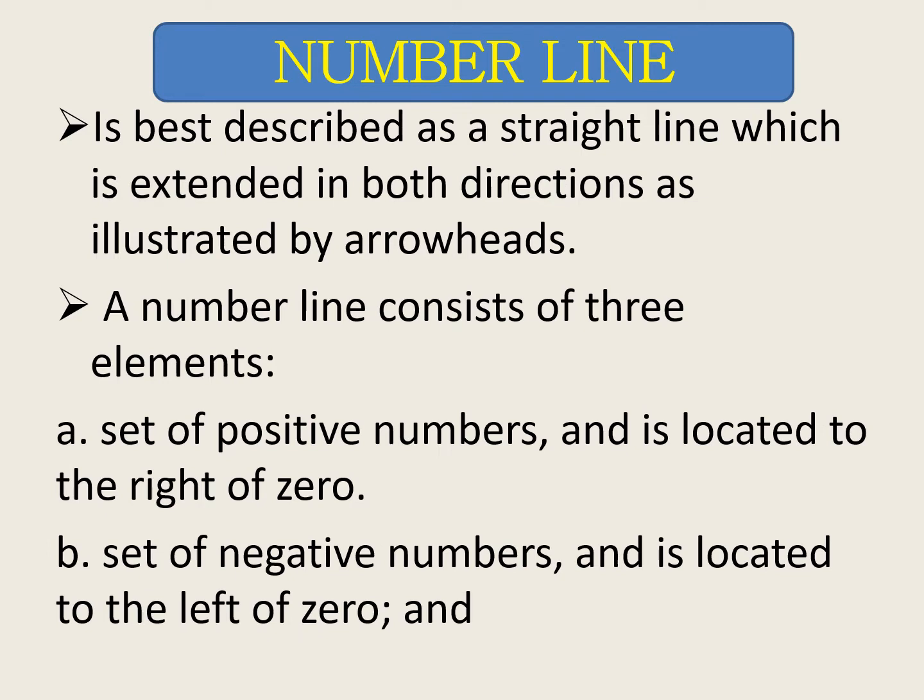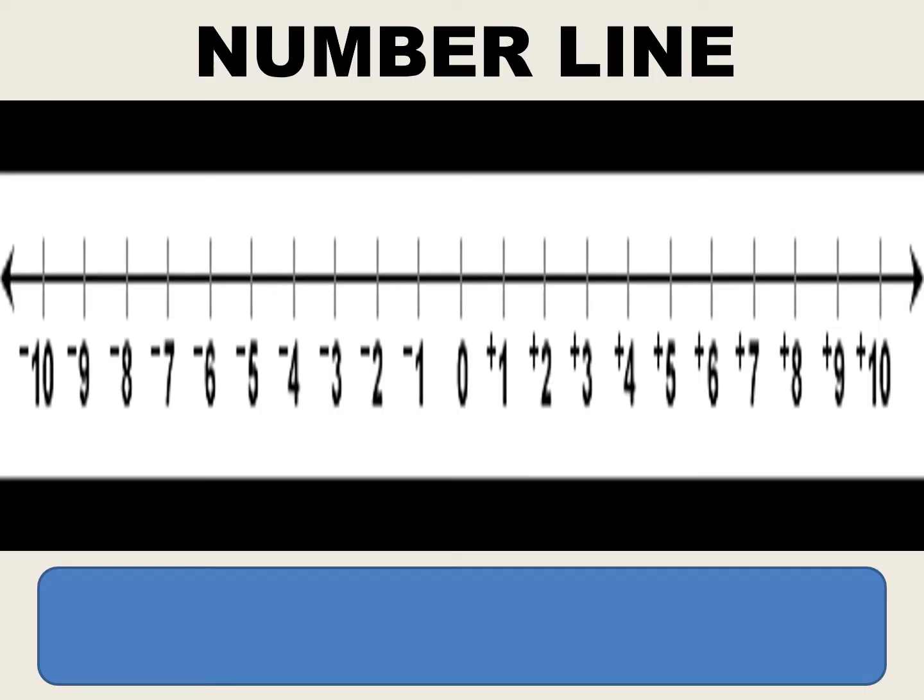Second, the set of negative numbers, and it is located to the left of 0. And lastly, the 0 itself. So this is an example of number line. Now, we'll find out the absolute value of the number line.